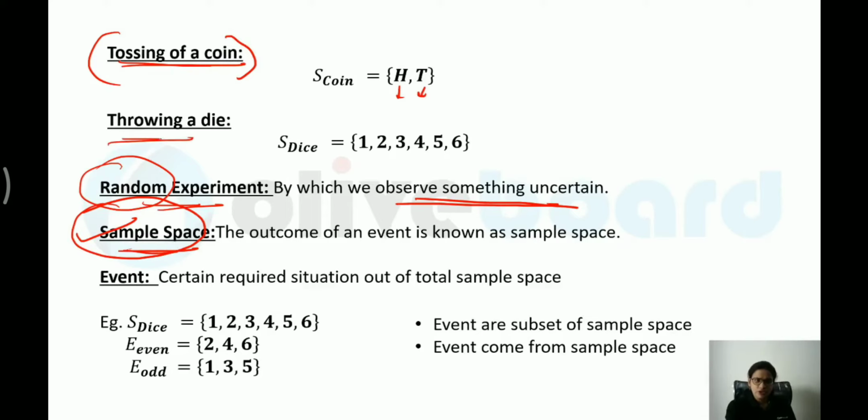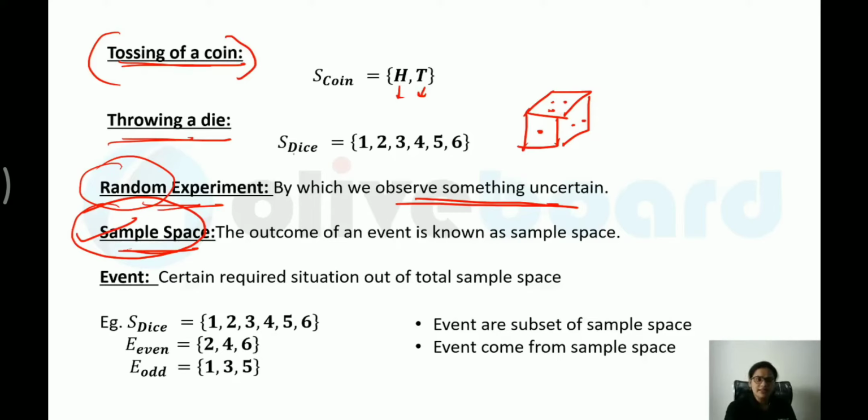Similarly, when you are throwing a dice, you might be aware that the dice has 6 sides, right? And 1, 2, then 3, like this all points are shown. When you are throwing it, it is a random process. It is a fair dice, so you are going to get all the values equally likely. Equally likely means equal possibilities. You may get 1 or 2 or 3, like this.